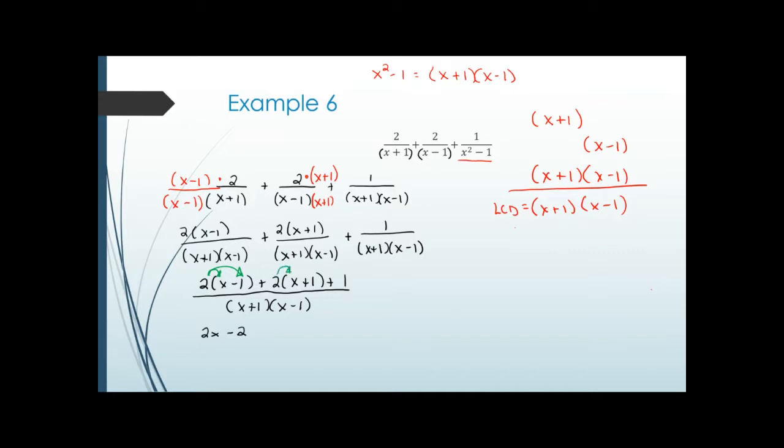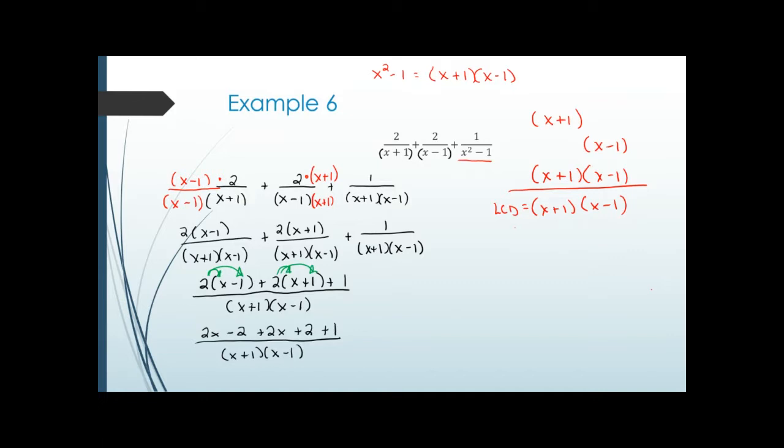Then I also have to multiply the second set, 2 times x, which is 2x, and 2 times 1, which is 2, so I have plus 2. And then I have my plus 1. My denominator, I am not touching anything there. So now on the top, I have 2x minus 2 plus 2x plus 2 plus 1.